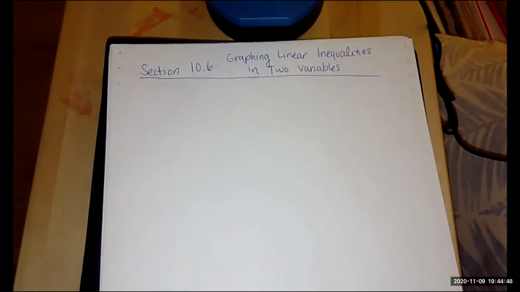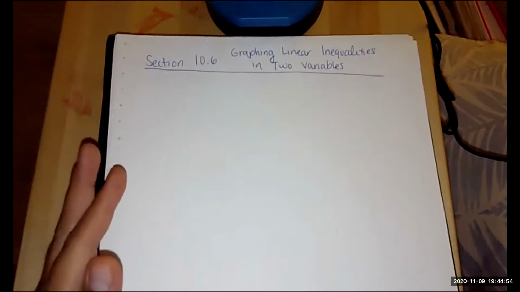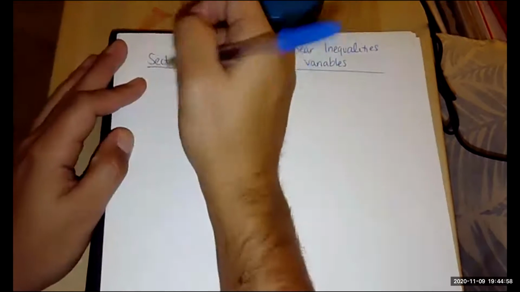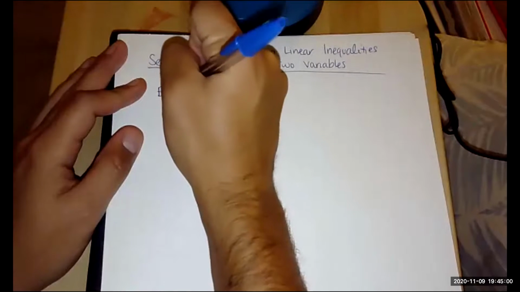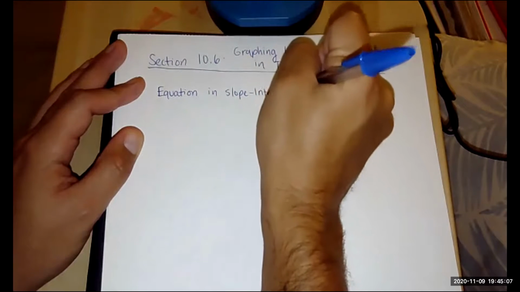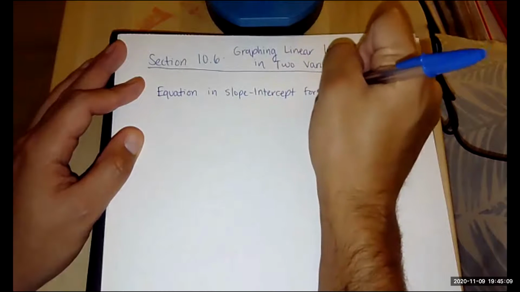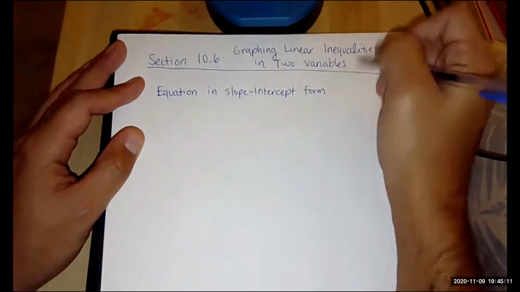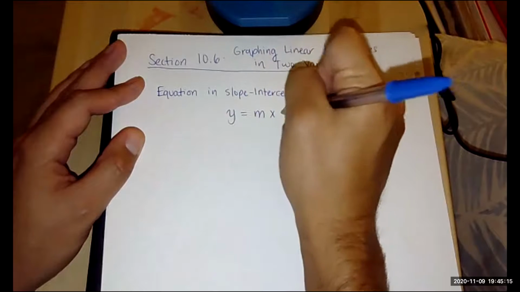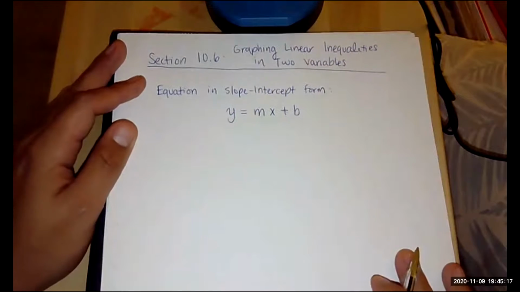And sort of our bread and butter in algebra, at least in this graphing section that we're talking about right now, is going to be slope-intercept form because it makes things way easier. So if we have an equation in slope-intercept form, that is our y equals mx plus b.